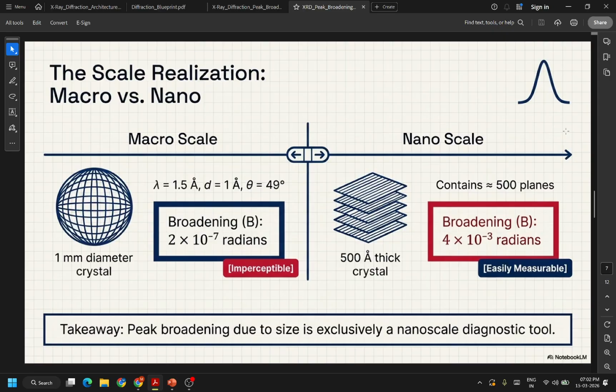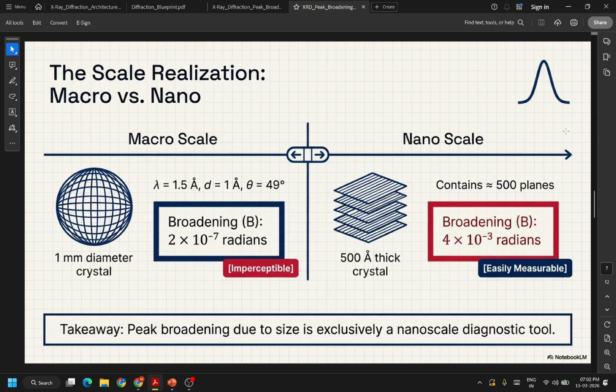So you can see, if you have a 1 millimeter crystal diameter, for lambda equals 1.5 angstrom, d equals 1 angstrom, and theta equals 49 degrees, your broadening B will come out around 2 times 10 to the power minus 7 radians, which is imperceptible, you cannot measure it.